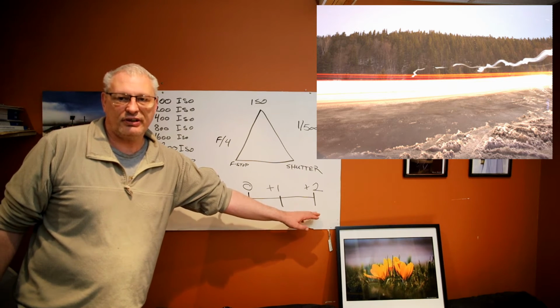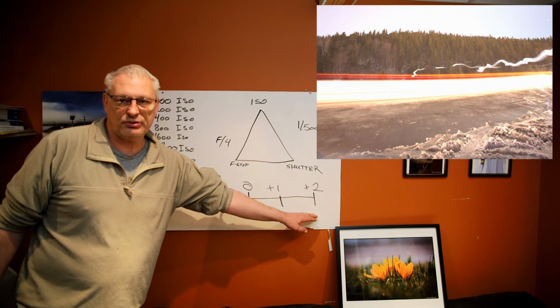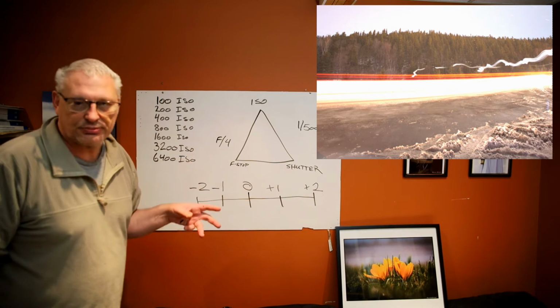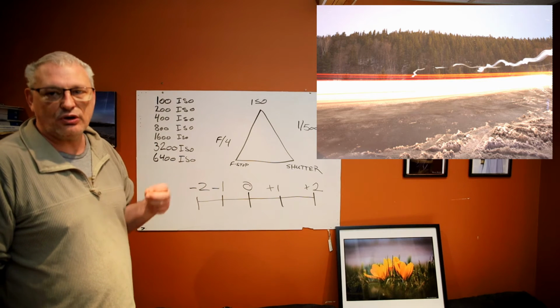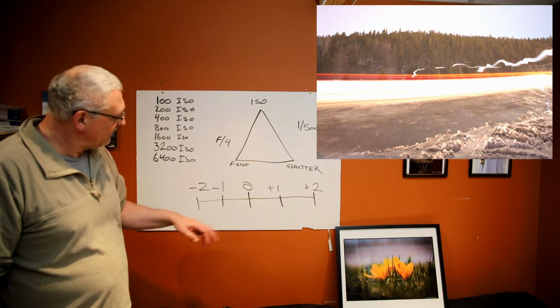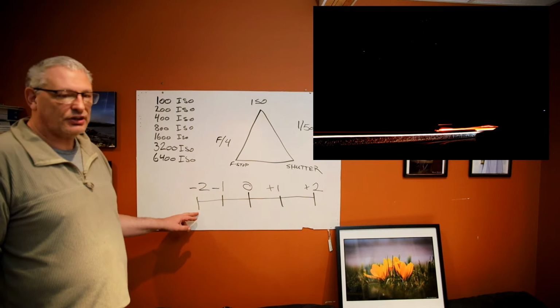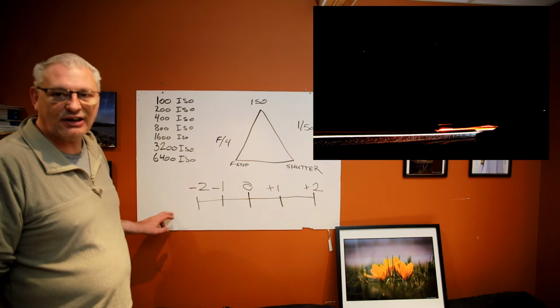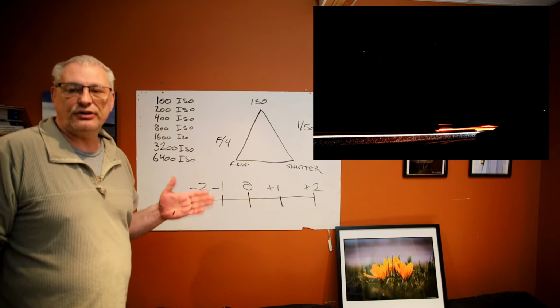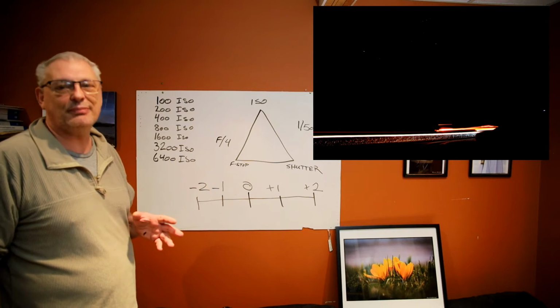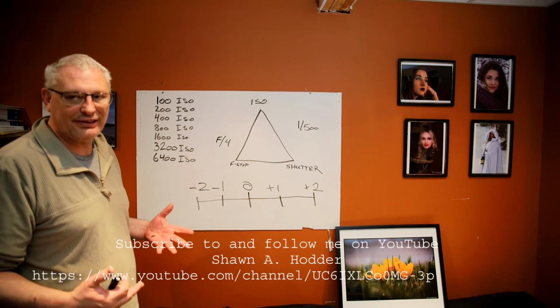The problem if it goes way overexposed is that your pictures become white, and the white is non-recoverable when you go to edit your pictures. And the other way, when you go down to -2 or below, some cameras have down to a -5, that means it's severely underexposed, and that means enough light was not coming in.